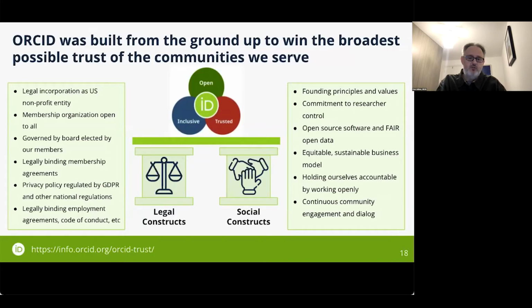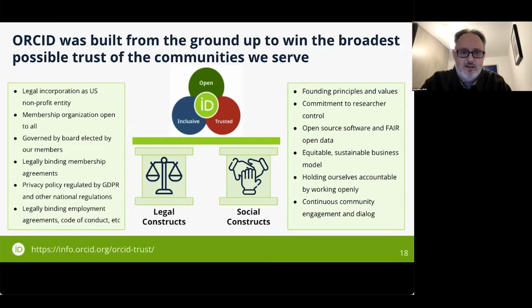And there are really two pillars to the way that we establish that trust. First of all, the legal basis of ORCID. We're a US 501c3 nonprofit, which means, for example, no individual organization can financially benefit from our work. We couldn't be taken over by a commercial organization.